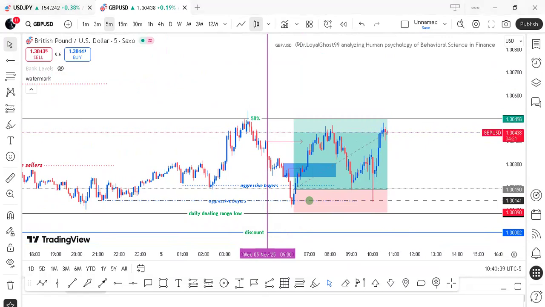I believe you understood. Like, I want to show you the setup I had before that retracement, to see if it matches what I was describing in the video.